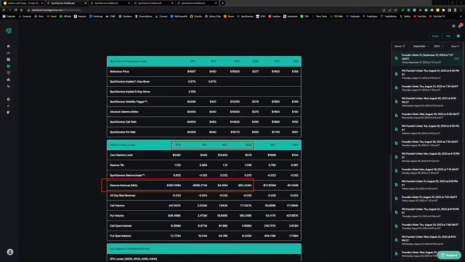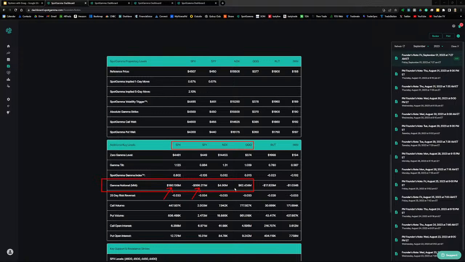Note for SPX, the number is still positive, but less so than yesterday. Yesterday, gamma notional was 393, and today it is 180, so shifted a little bit lower. And for SPY, gamma notional was still negative yesterday at minus 131 and shifted much more negative today to minus 596. We'll take a look at the Vanna model for SPY in just a minute and see what that means.